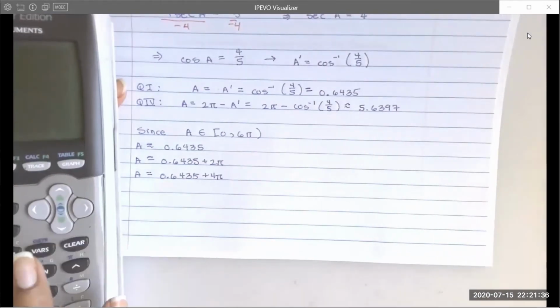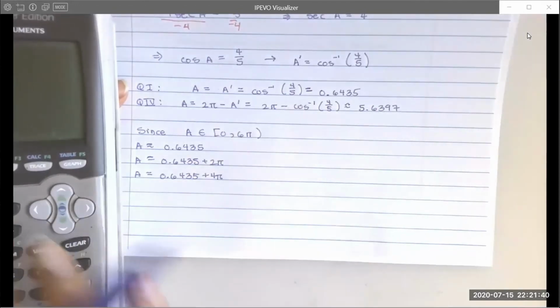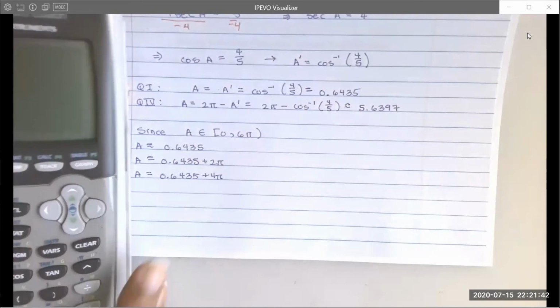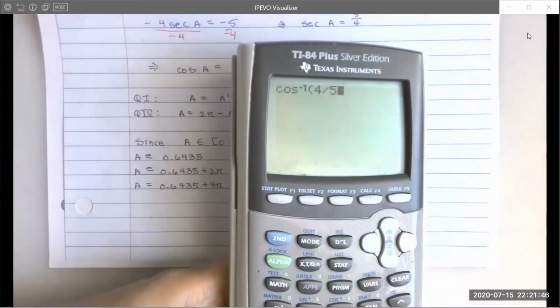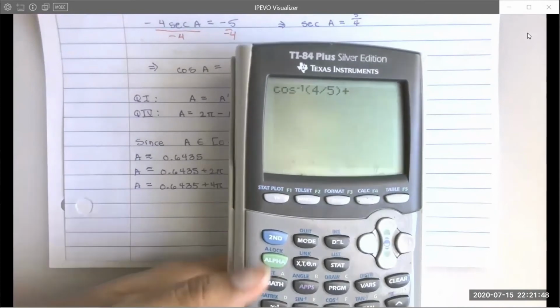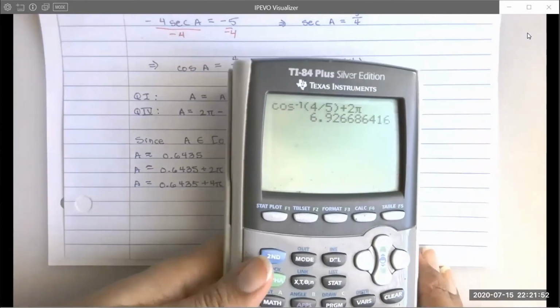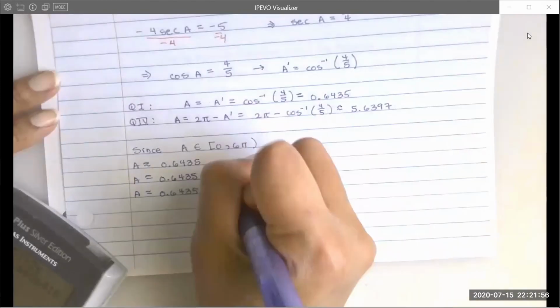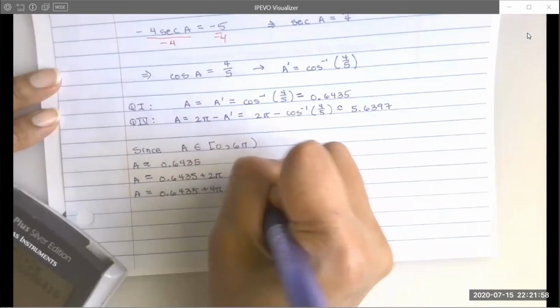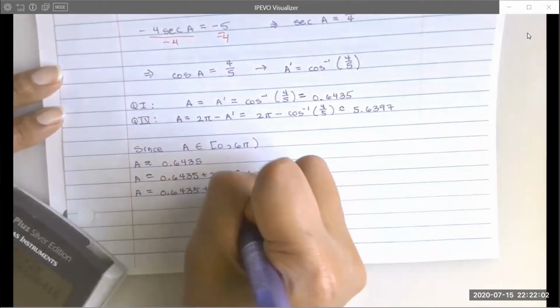Just so that I have a more accurate answer, I'm going to use cosine inverse of 4 over 5 plus 2 pi. That's going to give us approximately 6.9267.